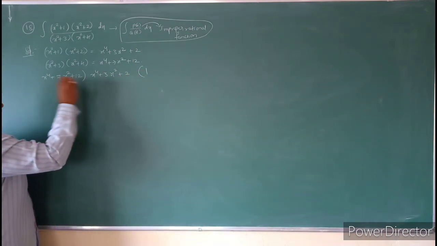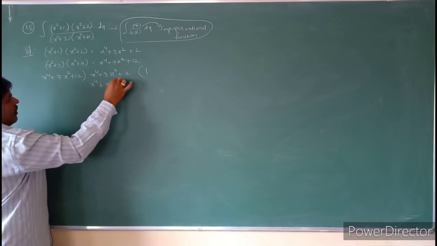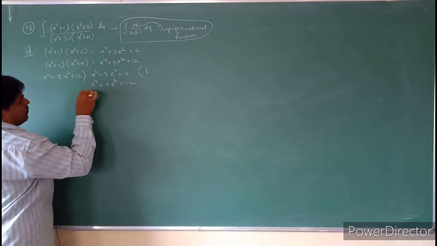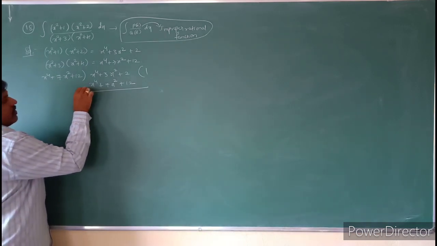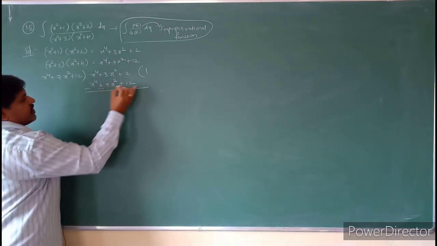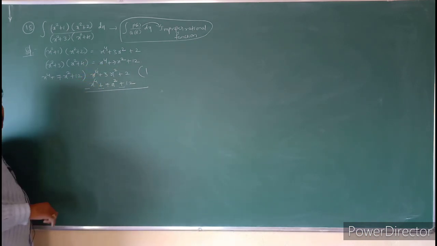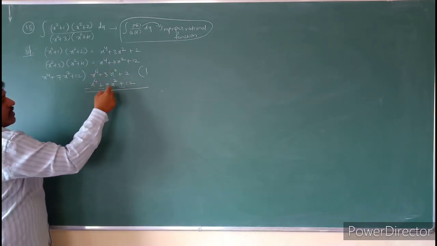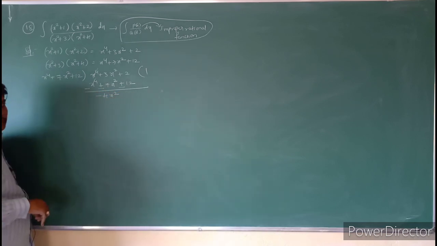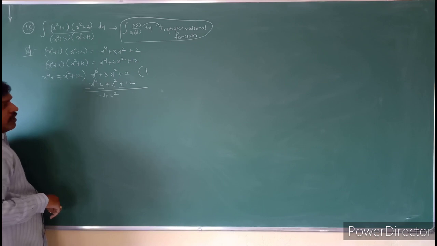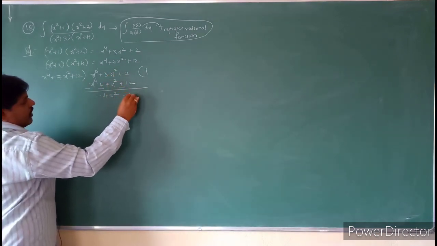So what happens? x power 4 plus 7x square plus 12. Take the subtraction. If you take the subtraction, all the signs will change. So x power 4 will be cancelled. 3x square minus 7x square is minus 4x square. Minus 12 plus 2 is nothing but minus 10.